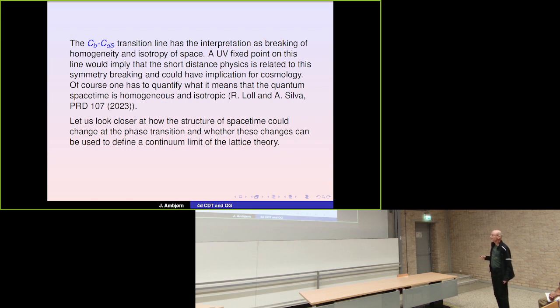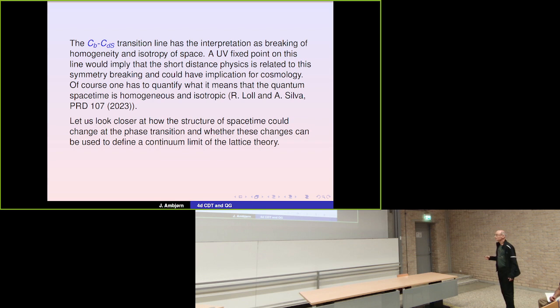And when you think about cosmology and short distance, then it could have, if it turned out to be true, implications for cosmology: that the nature of this phase transition is breaking symmetry, breaking homogeneity and isotropy. And that would then propagate all the way to today with the formation of galaxies and so on.